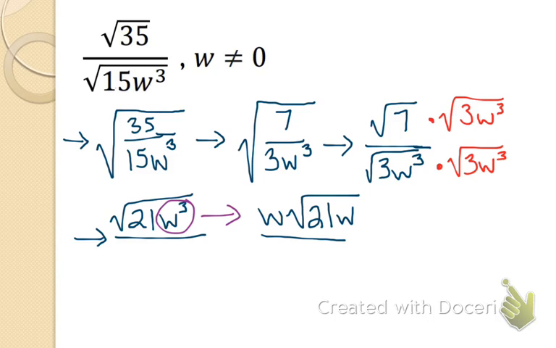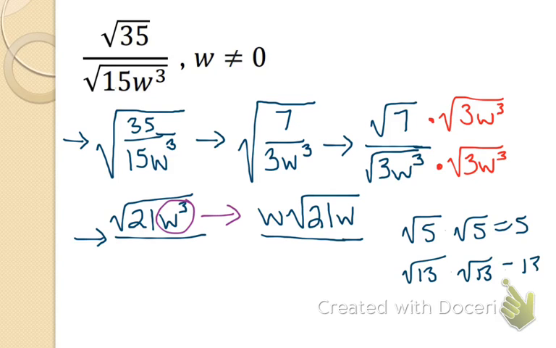In my denominator, if you've seen the pattern from before, square root of 5 times square root of 5 is just 5. Square root of 13 times square root of 13 is just 13. So square root of x times square root of x would just be x.